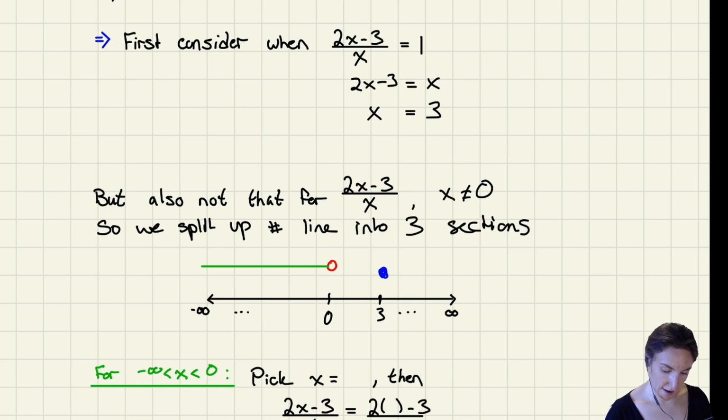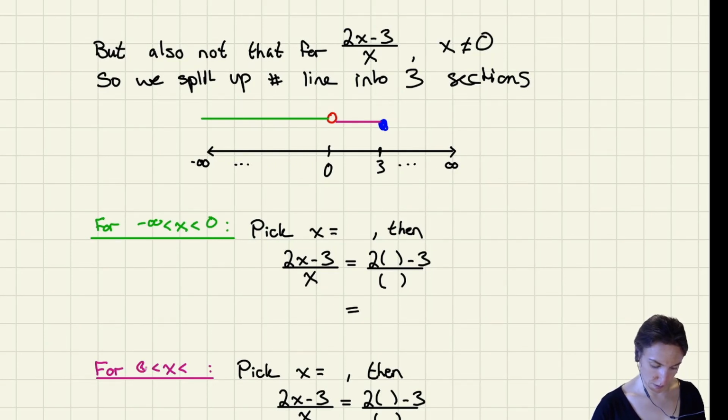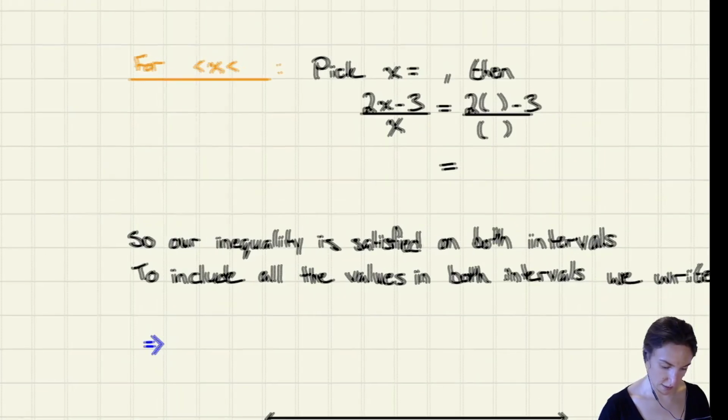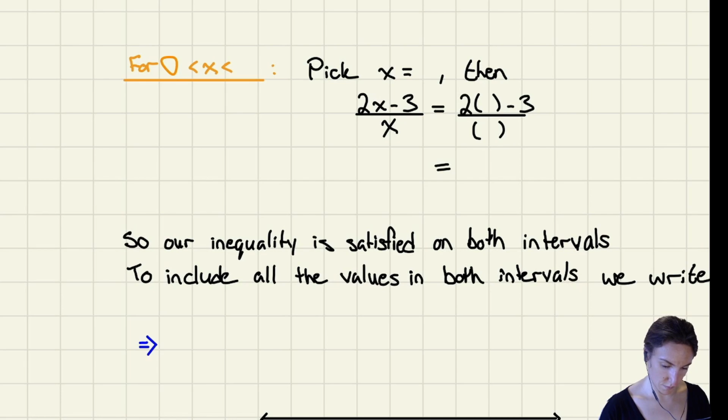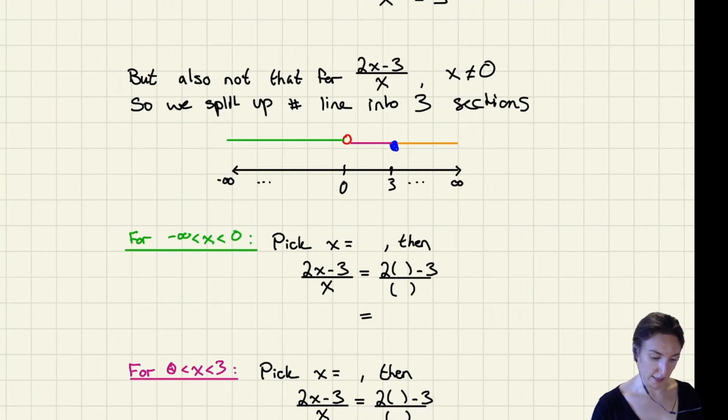And then I have my pink color here in between 0 and 3. And then my last section, I'm going to have that between 3 and infinity. Okay, 3 and infinity, and that's on the next page. Hang on, let me do this, and then I'll jump back. 3 and infinity. All right, so this is my little number line here.